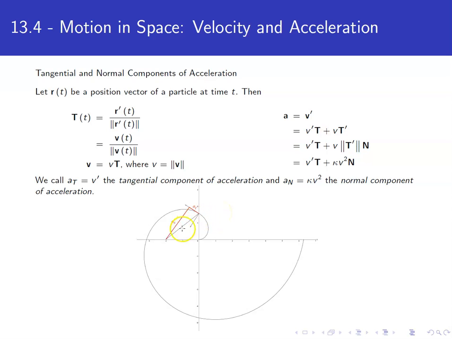If we go the other way and project perpendicularly to that tangent vector, or project onto the unit normal vector, if you think about this line being translated over here, that distance is your normal component of the acceleration. So this is how much acceleration is going in the normal direction, and this is how much acceleration is going in the tangent direction.